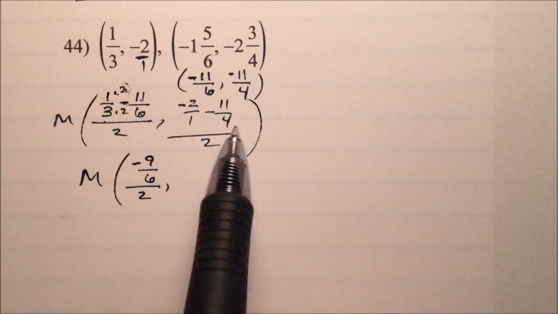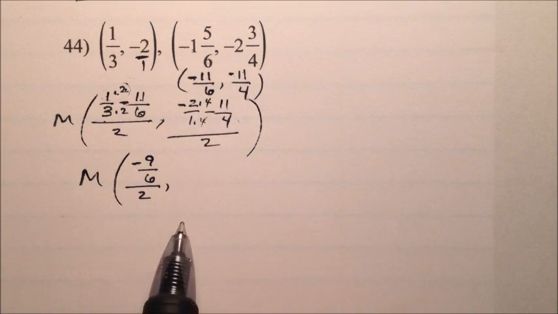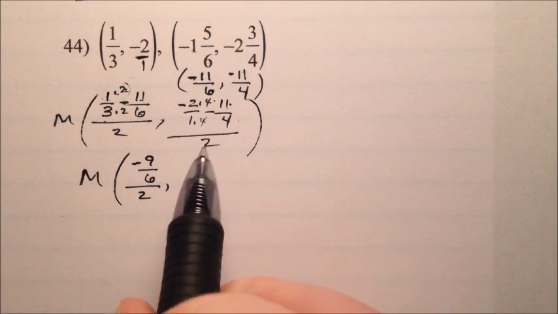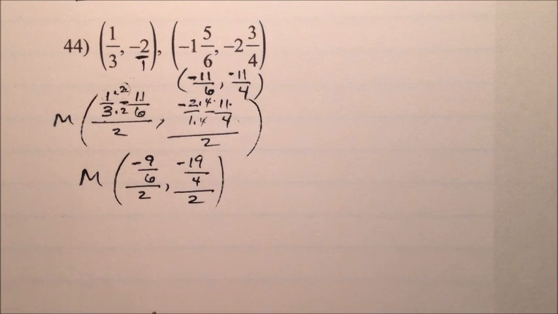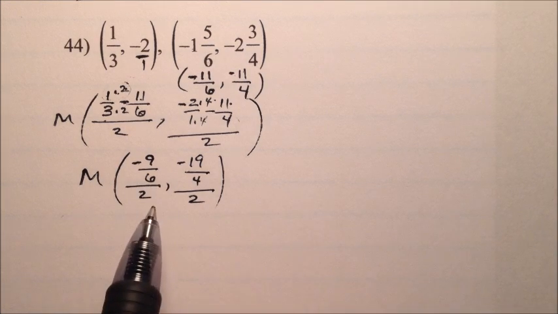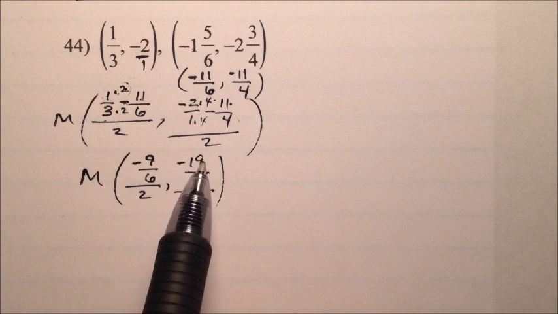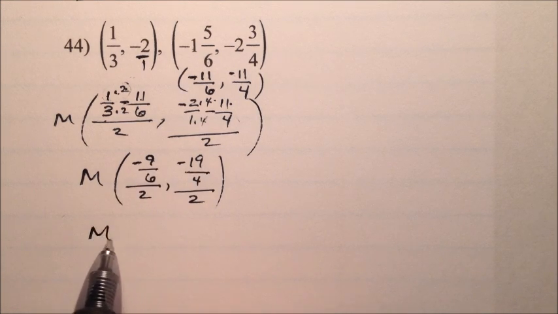And then common denominators over here will be 4, so multiply that by 4 and multiply that by 4. So we have a negative 8 minus 11 will be negative 19 over 4, and then we'll chop that in half as well. Okay? So in both of these, look, the numerators are odd, so we cannot half the numerator, so in both cases we'll double the denominator.